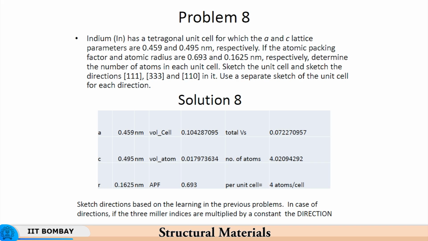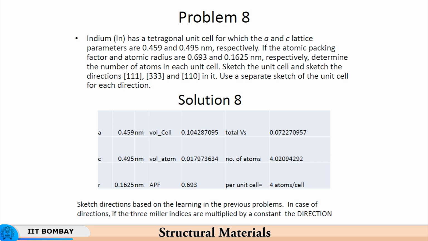Now, when it comes to directions, the directions have to be sketched based on the learning in the previous problems. In case of directions, if the 3 Miller indices are multiplied by a constant, so for example, here you have the index 1 1 1, multiplied by a constant 3, so that you get 3 3 3, then the direction remains unchanged.